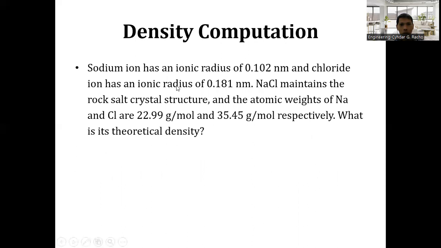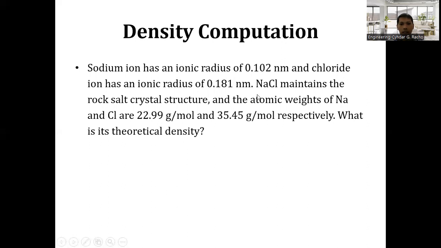So we are tasked to compute the density. Here, the sodium ion has an ionic radius of 0.102 nanometer, and the chloride ion has an ionic radius of 0.18 nanometer.